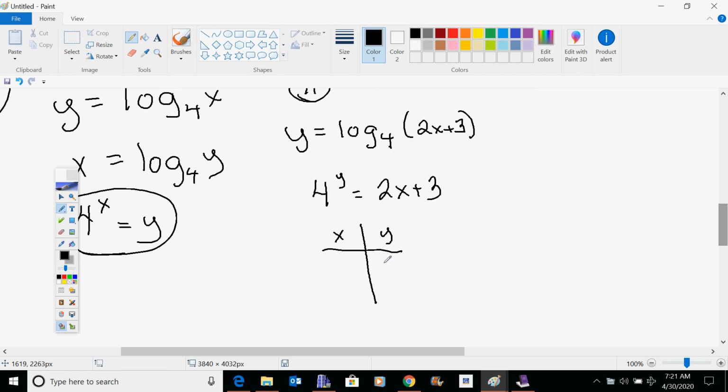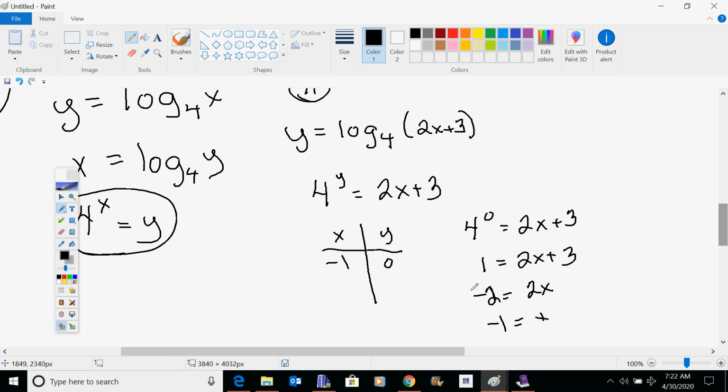So if we have y being 0, then 4 to the 0 power equals 2x plus 3. So that would give you 1 equals 2x plus 3, so 2x equals negative 2 when we subtract 3 from both sides. So x would equal negative 1.